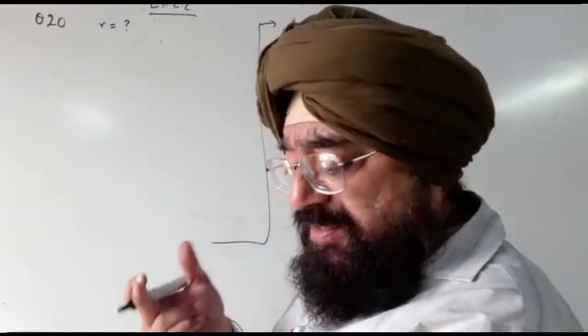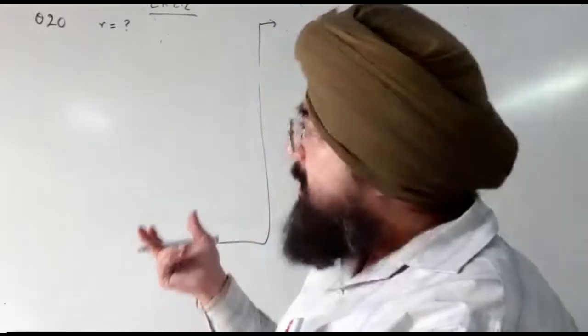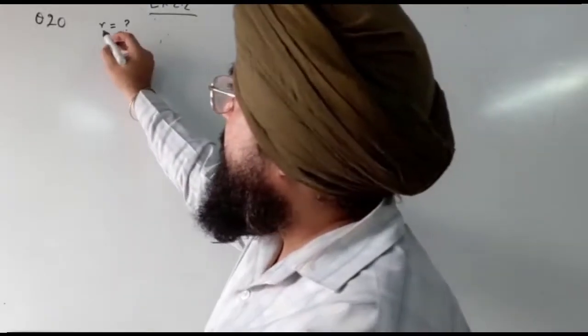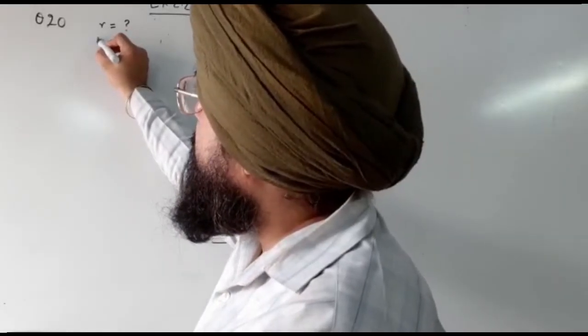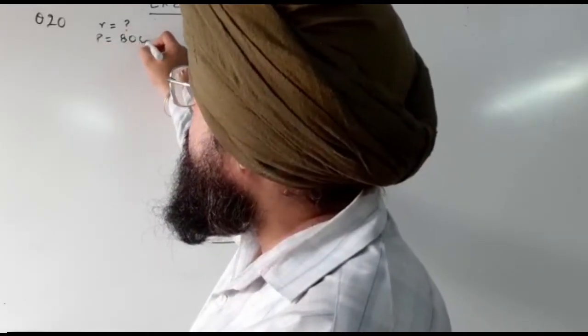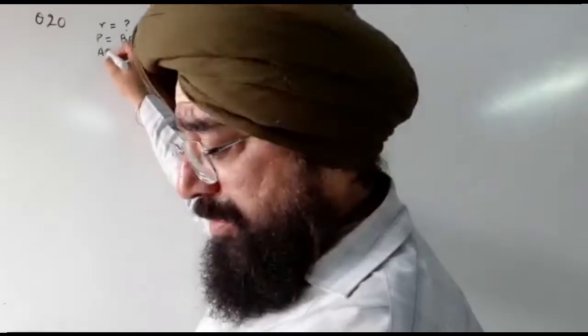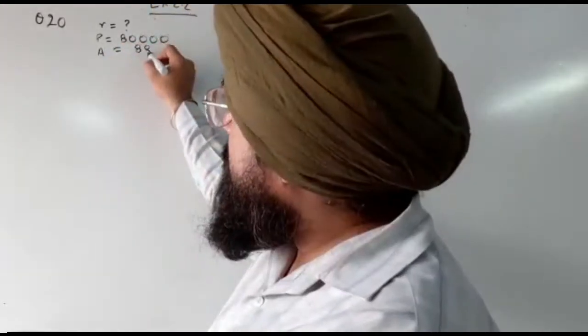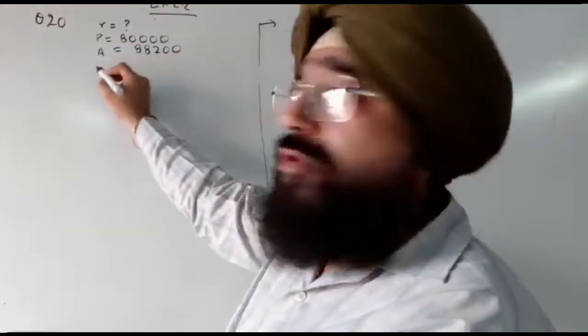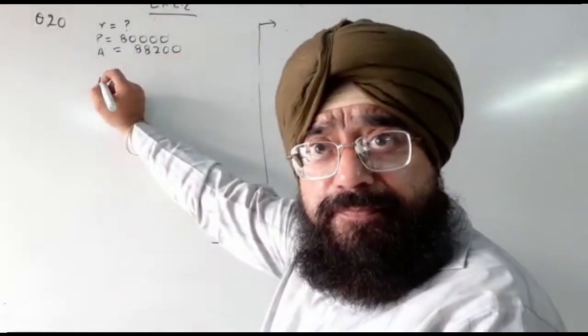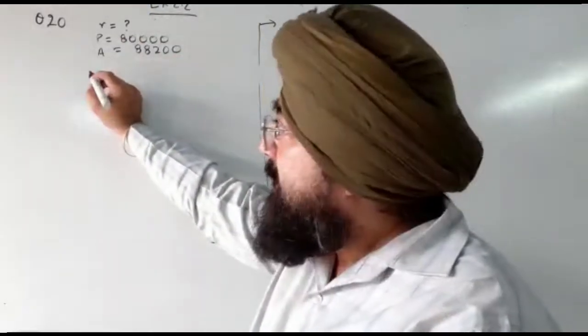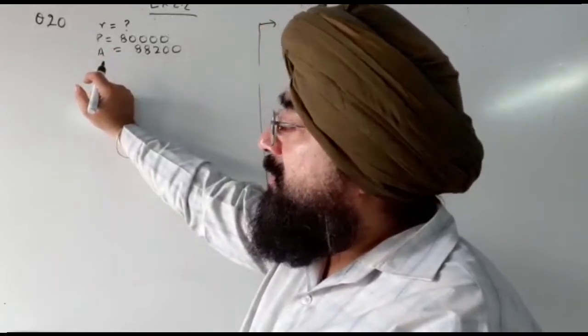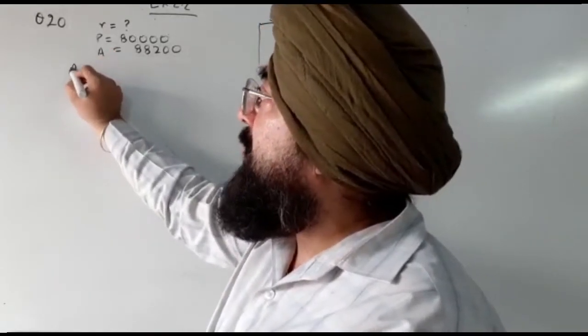So this is a very easy type. I mean, you simply have to calculate the rate. Here the principal is given as 80,000 and amount is given as 88,200. You can use the formula of CI, but why can't you use the formula of A directly?